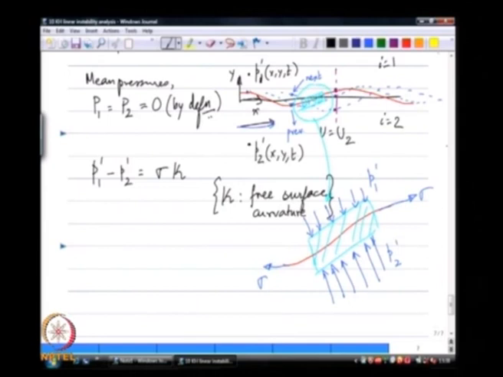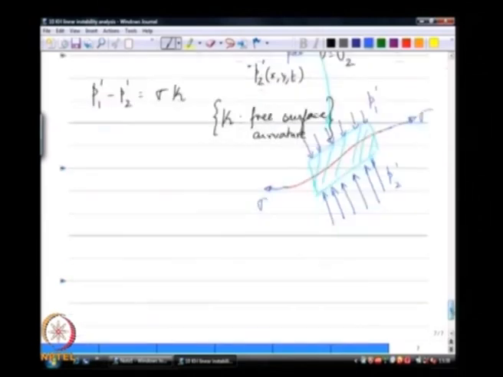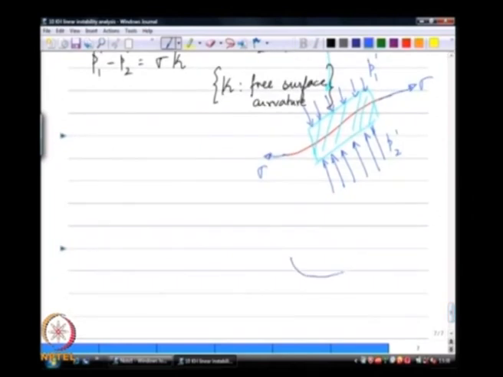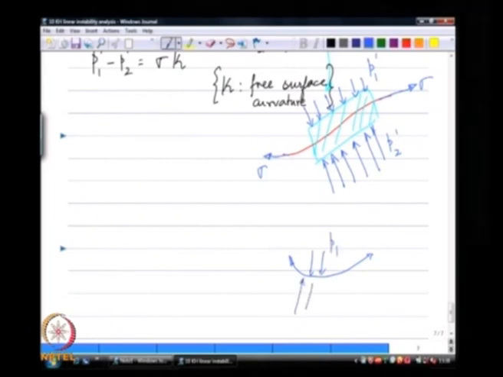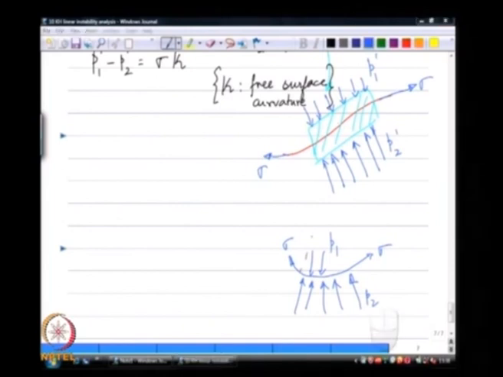So, just to understand this, we will go back to just a simple curved free surface. If I have a pressure P1 acting here and a pressure P2 acting on the other side, you can see that this infinitesimal piece.